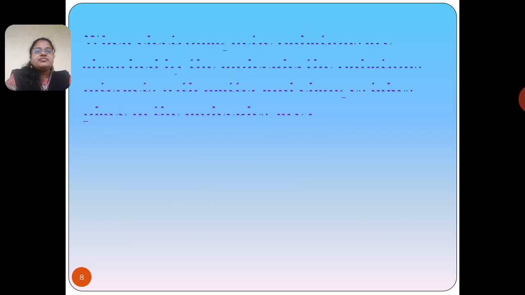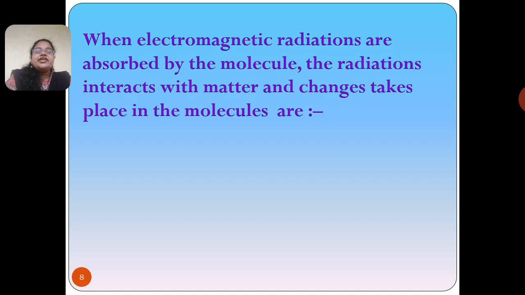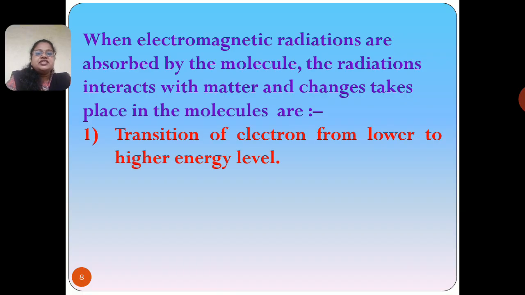When electromagnetic radiations are absorbed by the molecule, the radiations interact with the matter and the following changes take place. The first change is the transition of electrons from lower energy level to higher energy level.